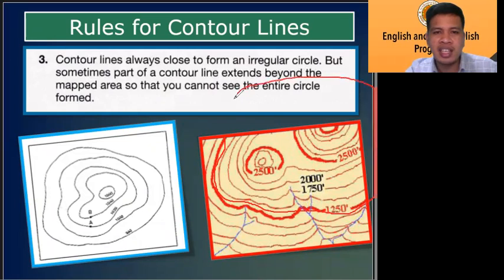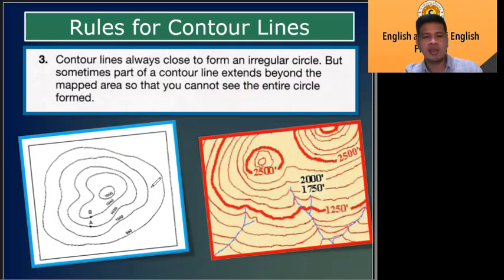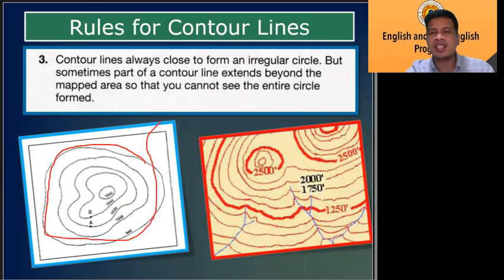You cannot see the entire circle because it extends beyond the map. But if it is a bigger map, that's why scale is important, it should form an irregular circle like this. So that is rule number three.